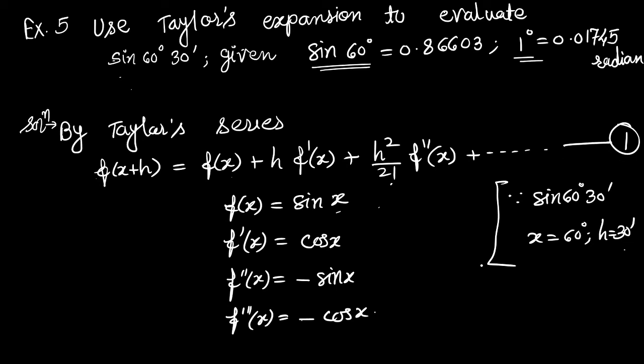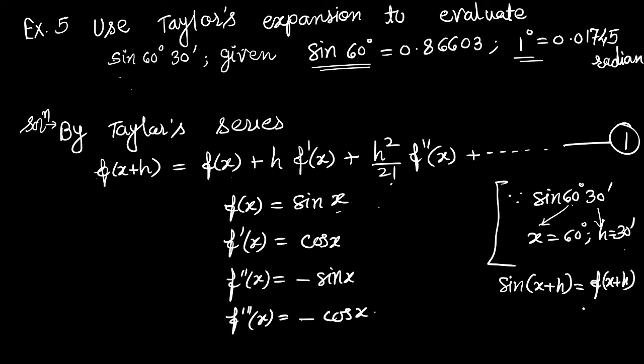Now here we have to write down the value of f of x. For sine of 60 degree 30 minutes, we consider 60 as x and 30 as h. This is the value of sine x plus h, which is equal to f of x plus h.